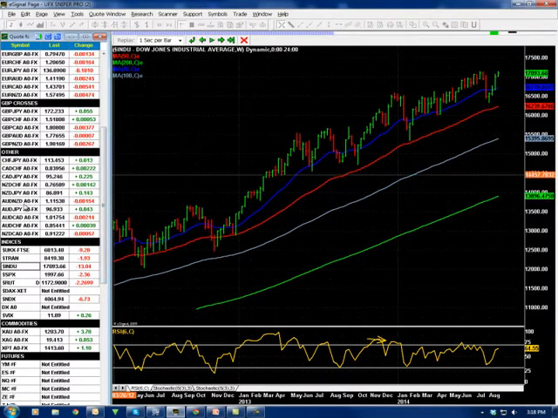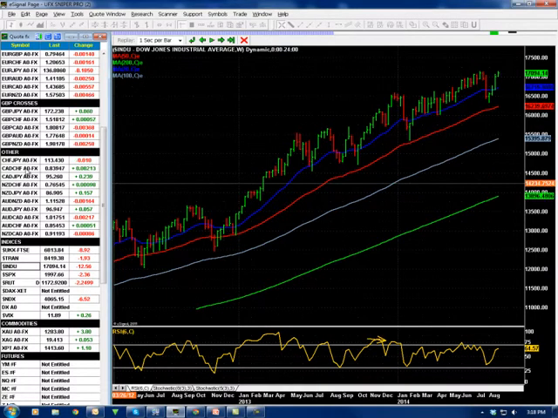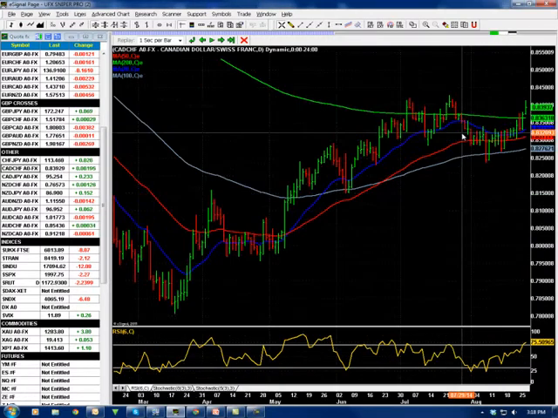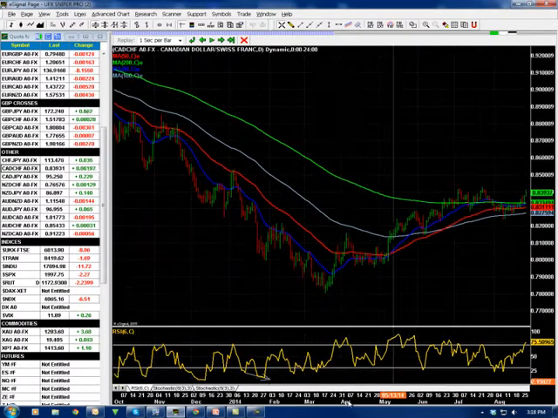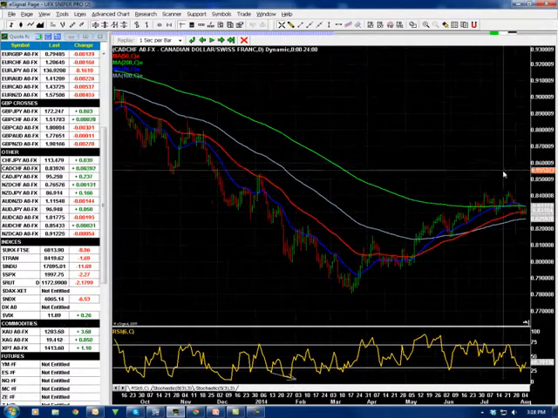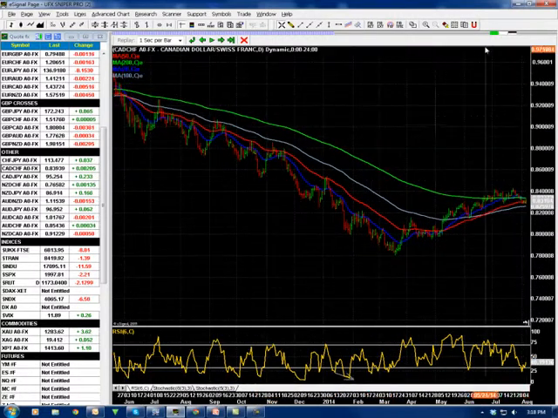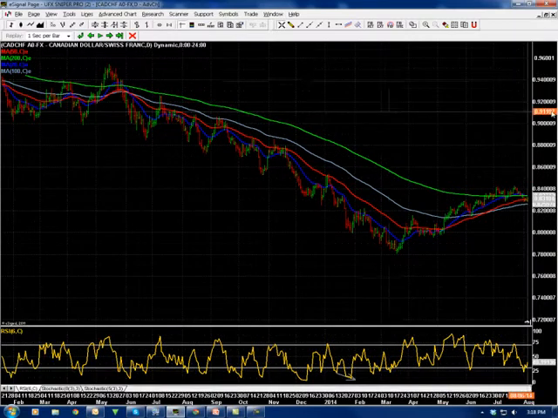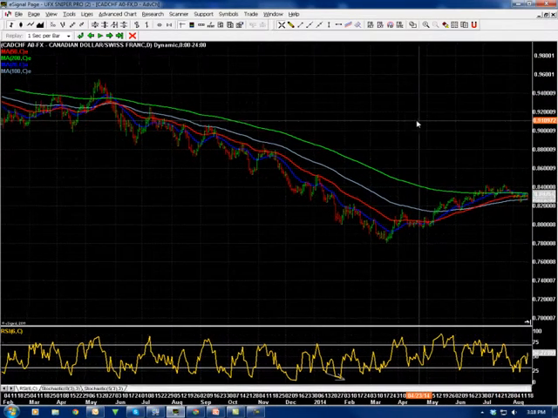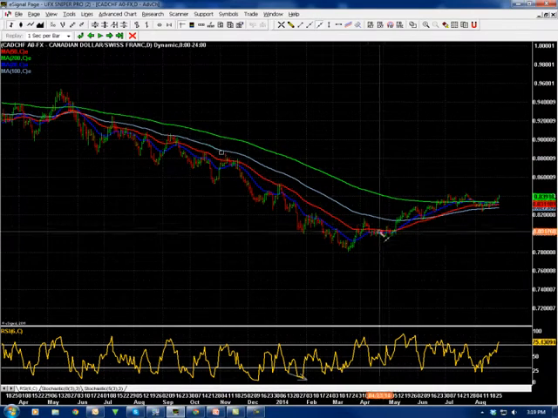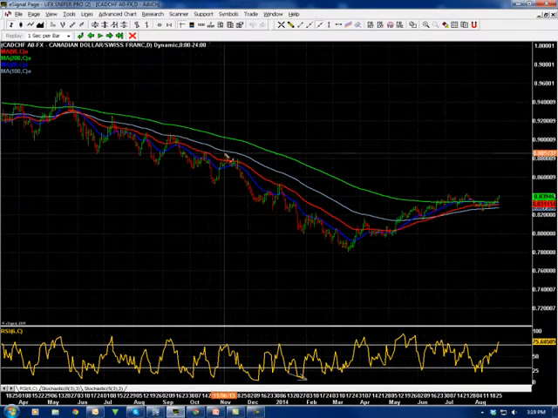Now, the ones that I wanted to cover are the CADCHF, which I've been covering for a very, very long time, since this trend was broken. So this is the trend here, that it has been broken clearly, and since then it's been pushing up.